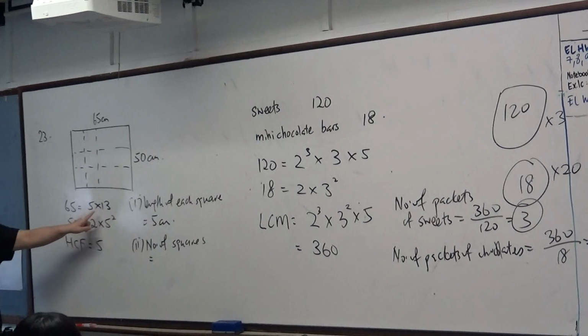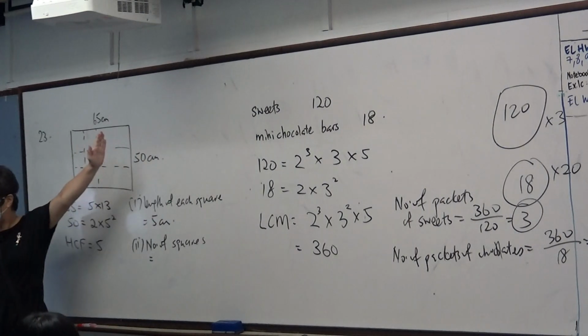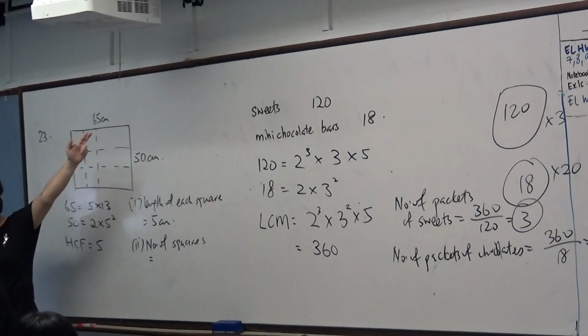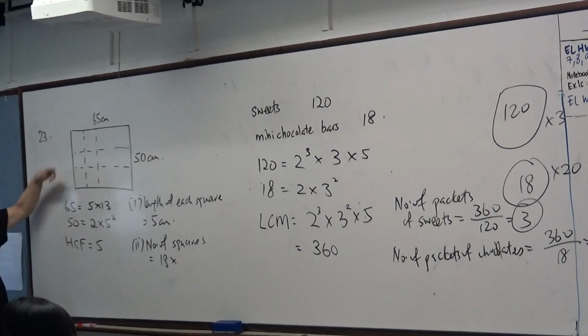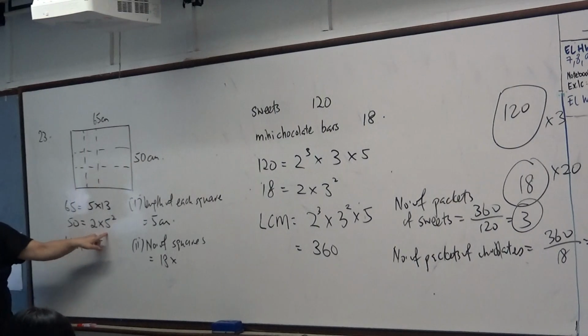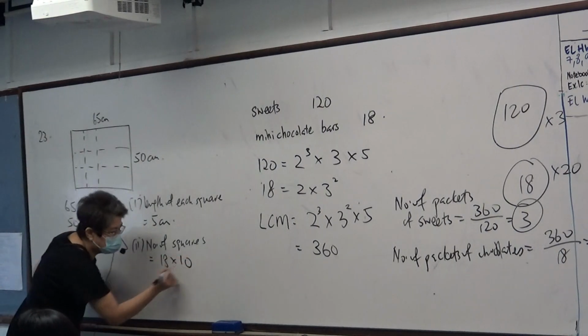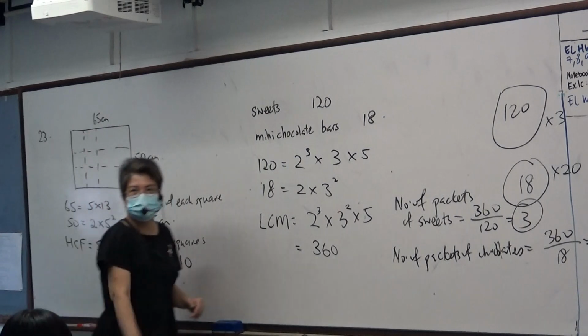Now, 65 divided by 5, I will have 13 here, right? Do you agree I will have 13 here? If it's 5 here, I will have 10 here, right? 10 on this side. So, how many squares altogether? 130.